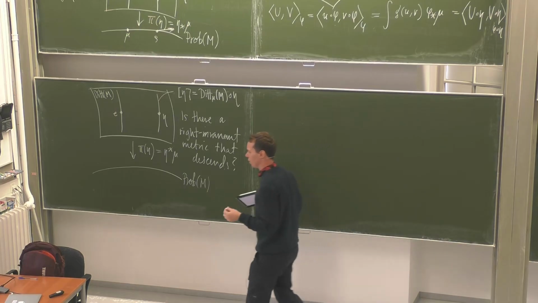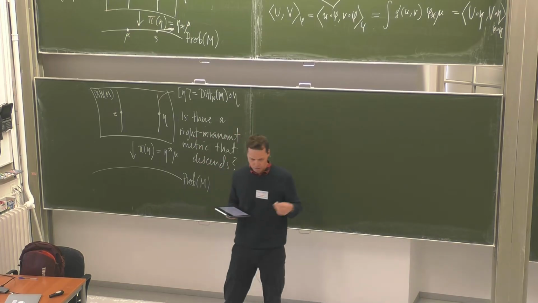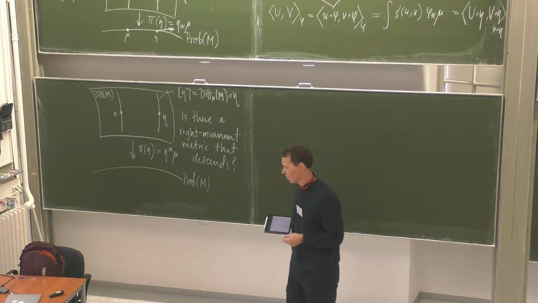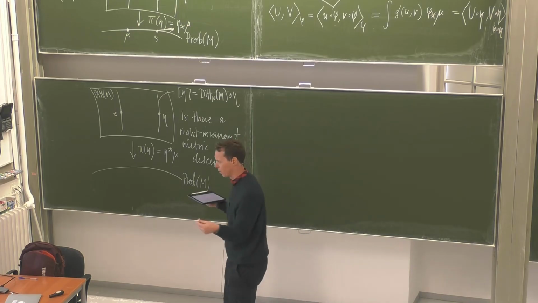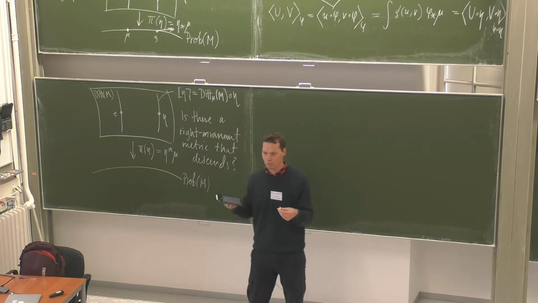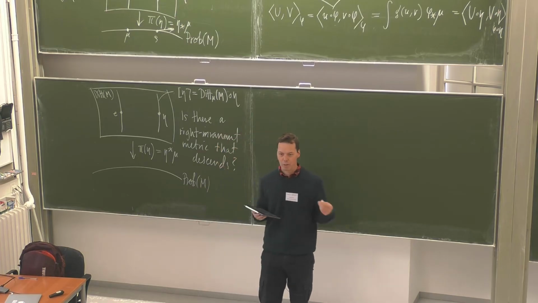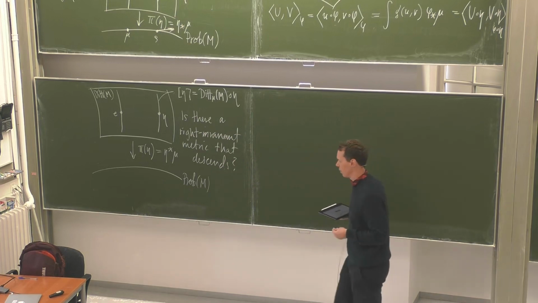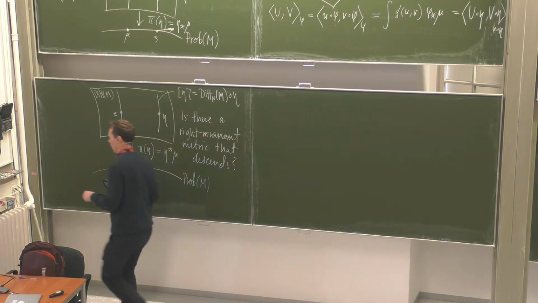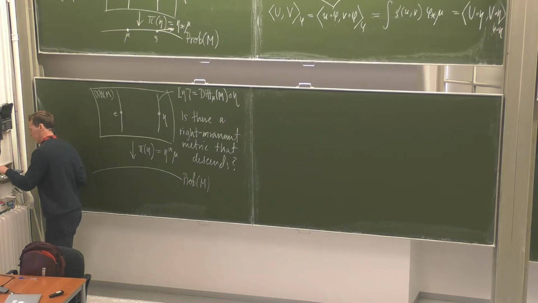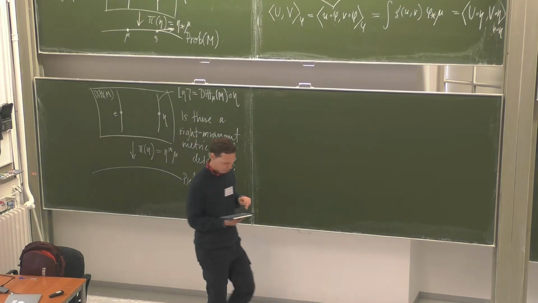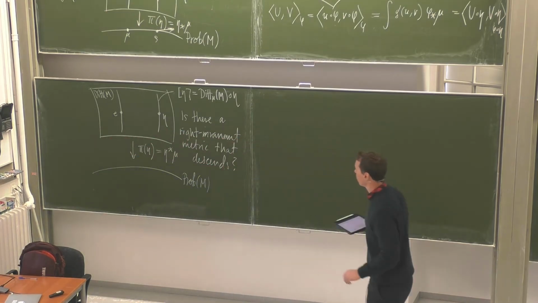In finite dimensional groups, you can construct, for a compact group, use the Killing form to construct such a bi-invariant metric, and then have motions from both directions. But now we're in infinite dimensions, and it's not so clear if there exists such a metric. And it turns out there is, and there are such metrics. And those are the ones I want to discuss.